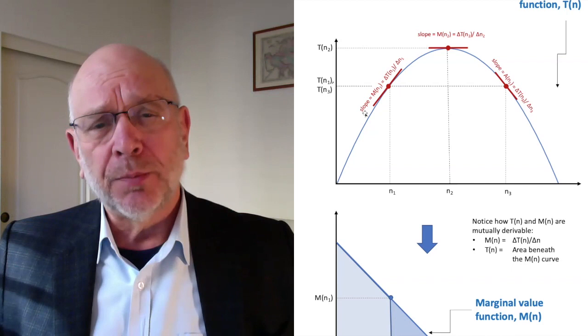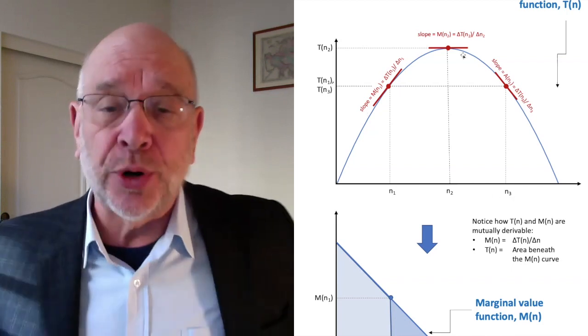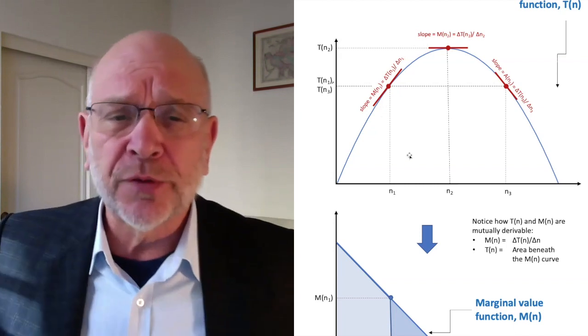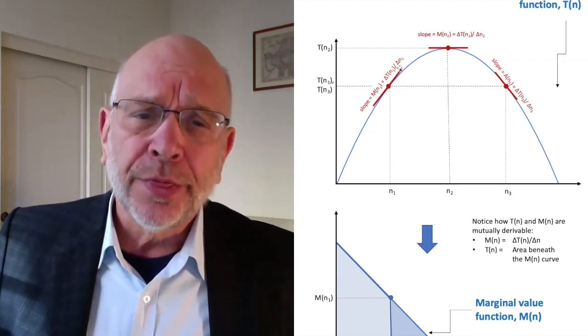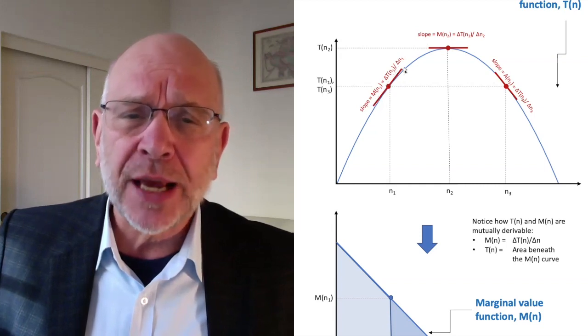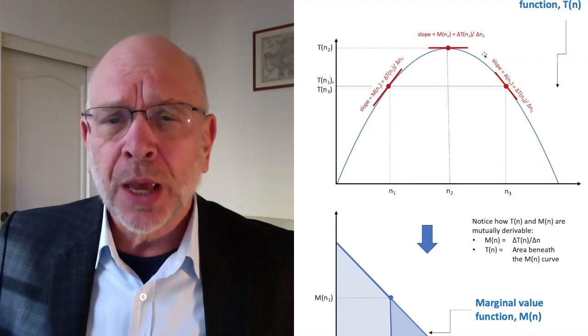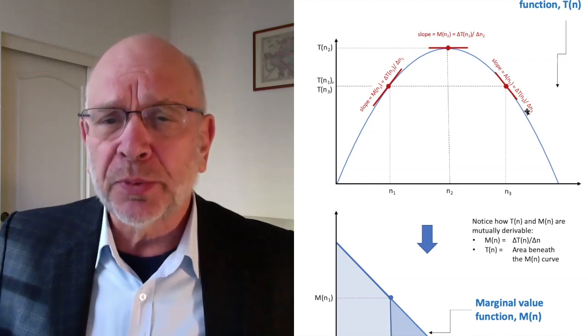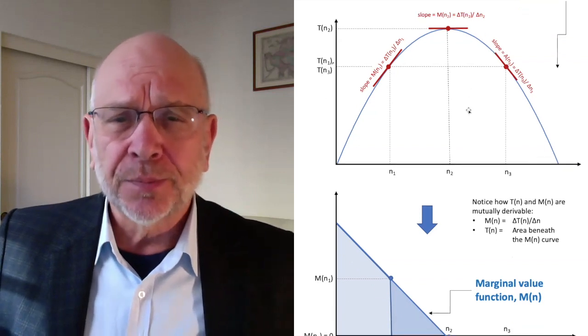So again, if we focus on n1, n2, n3, we could be focusing on any other points, but just for purposes of illustration, at n1 the slope of that tangent is positive. Well, if we move to n2, the slope is 0. And if we move to n3, the slope of the corresponding tangent is negative.